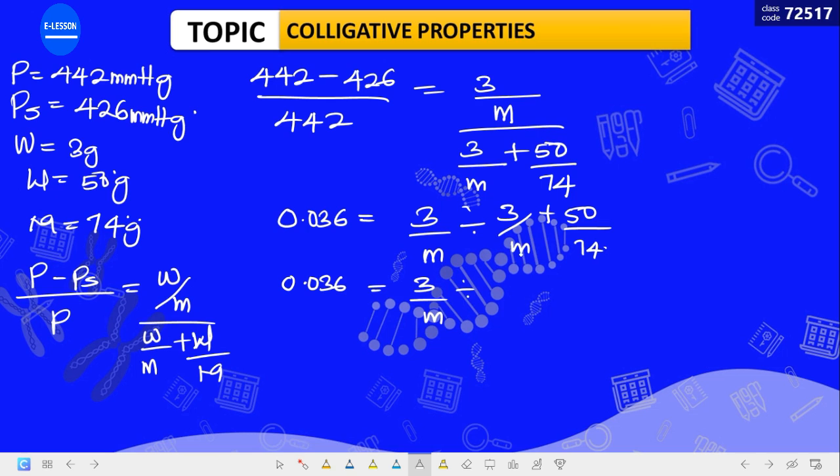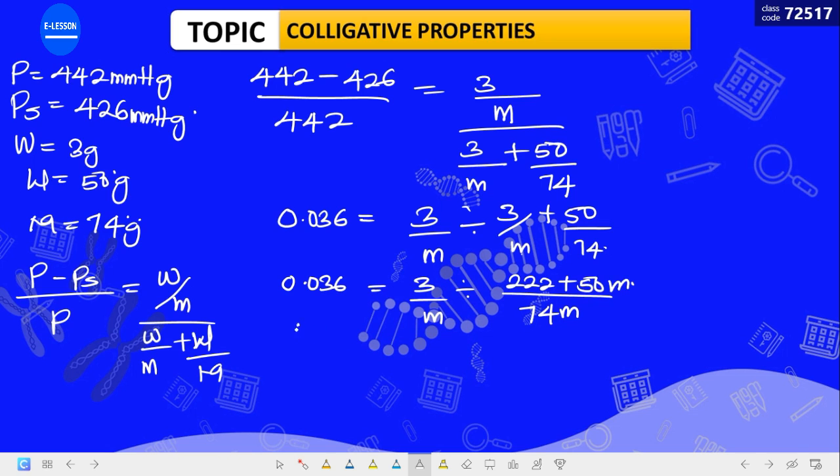What is the LCM of 74 and M? 74M. 74M divided by M: M cancels M, so we have 74 times 3, which gives us 222. Plus, 74M times 50 over 74 gives us 50M.